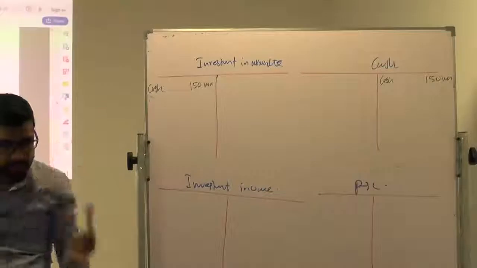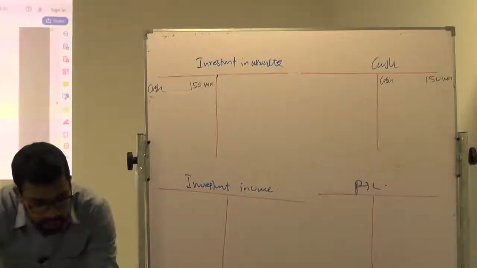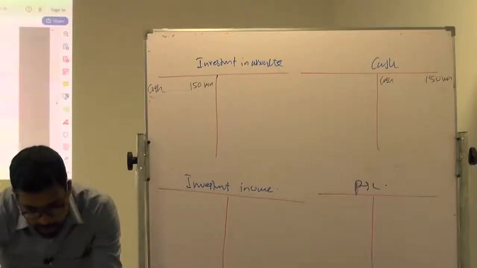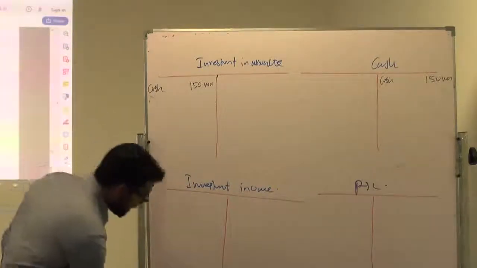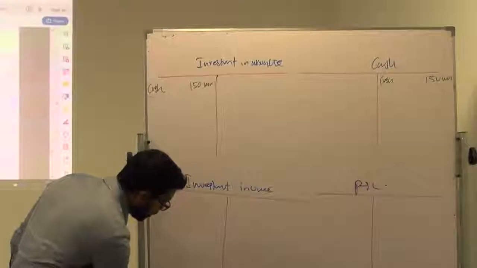Investment in associate. Thereafter, you have received dividends. How much? They have declared 5 million in dividends. Out of 5 million, what is your portion?